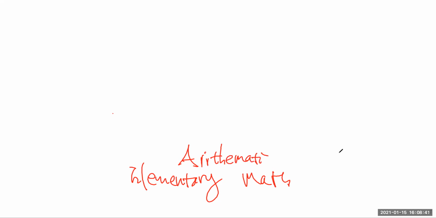That means we are doing addition, subtraction, multiplication, division on numbers, mostly on whole numbers or counting numbers. And we do get into decimals and fractions and all of that, but we are always dealing with numbers.